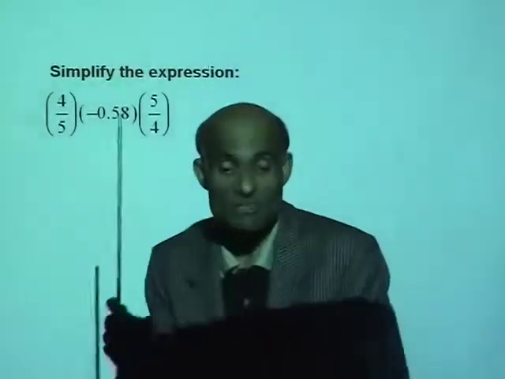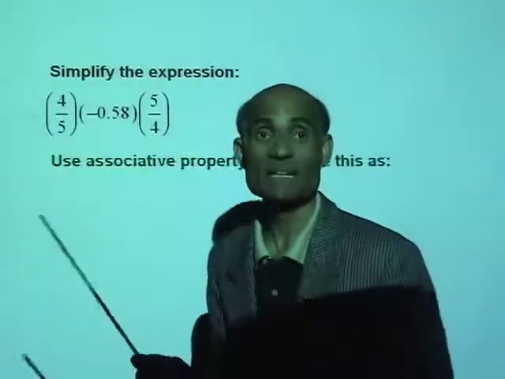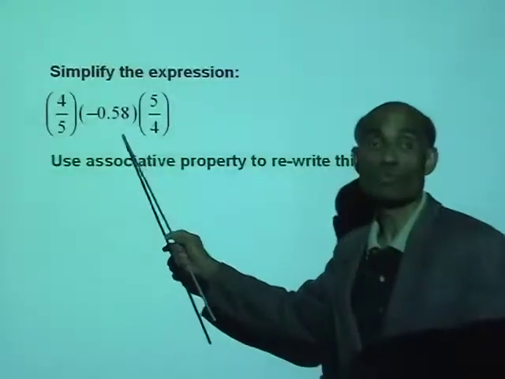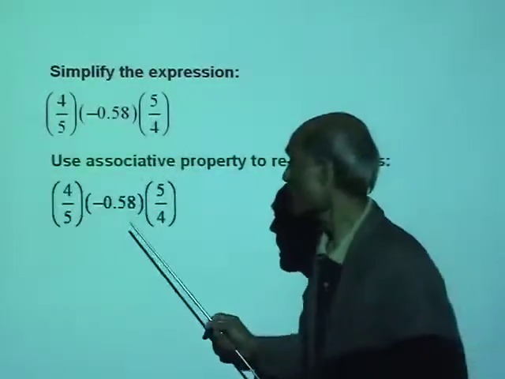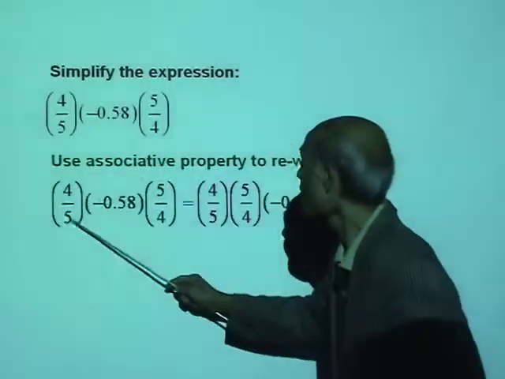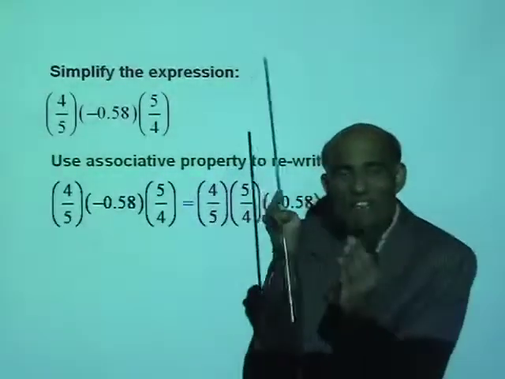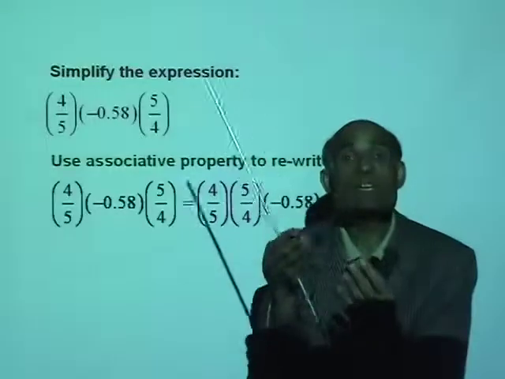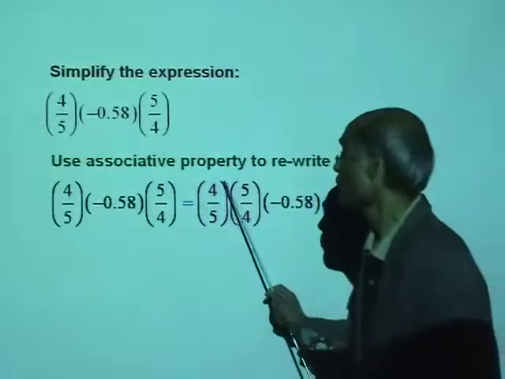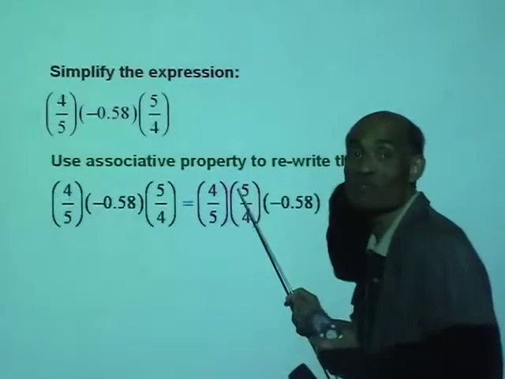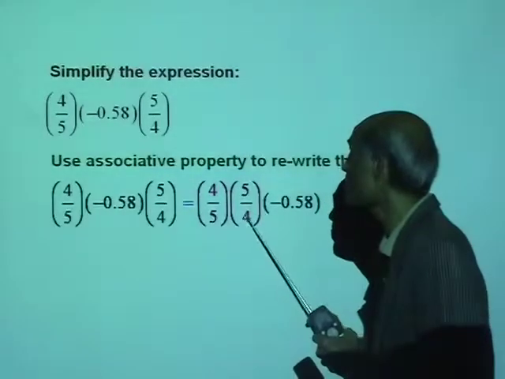That will be easy to multiply, is that right? Yes. Use associative property to rewrite this as how? It will be 4/5 times 5 over 4. You can see I changed the association to make it convenient for me. 4/5 multiplied by its multiplicative inverse 5 over 4.